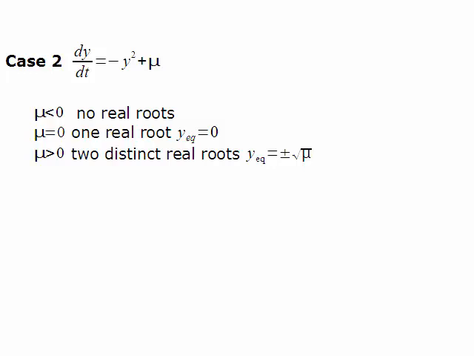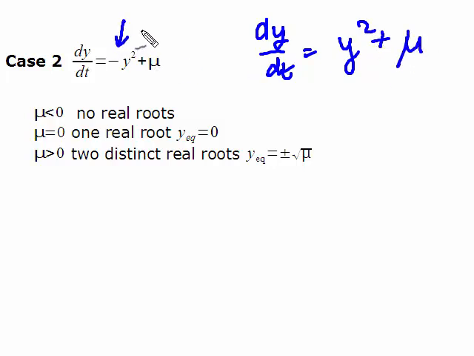This is case 2 of a saddle node, using a similar differential equation. The previous differential equation for case 1 was y squared plus the parameter. Here it's going to be minus y squared plus the parameter, and the result will be a mirror in the plane of the shape of the saddle node, and also a mirror of the stability.